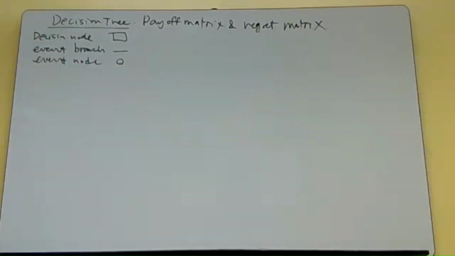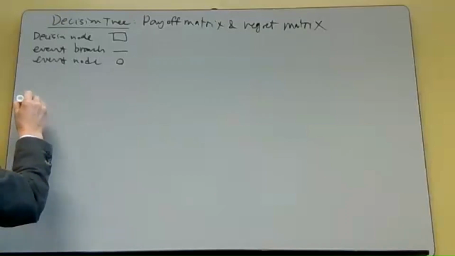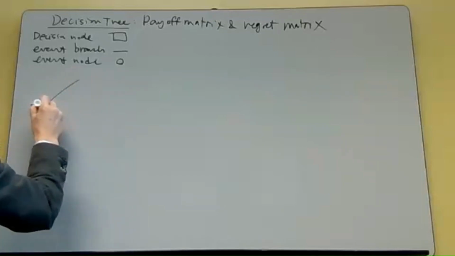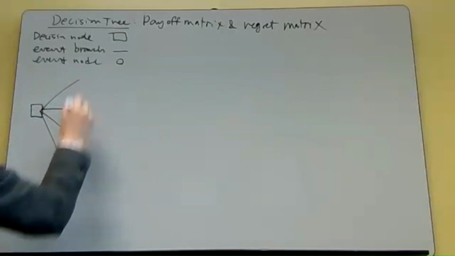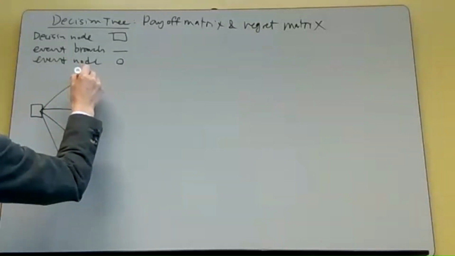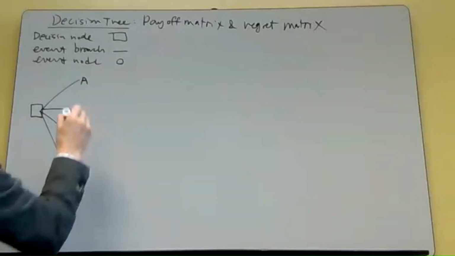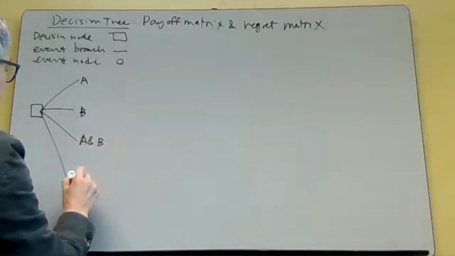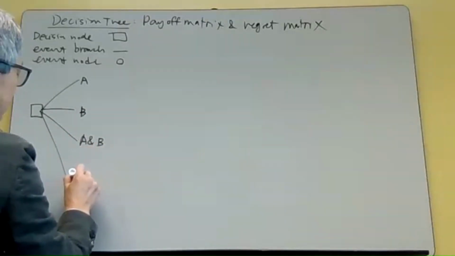For the case of Magnolia, we have 4 decisions: 1, 2, 3, 4. Buy parcel A, buy parcel B, buy both A and B, and do nothing.